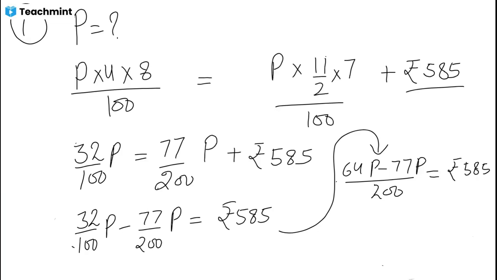Now we have minus 13p over 200. We'll neglect this minus sign because we are talking about amount. Okay, so just neglect this minus sign.